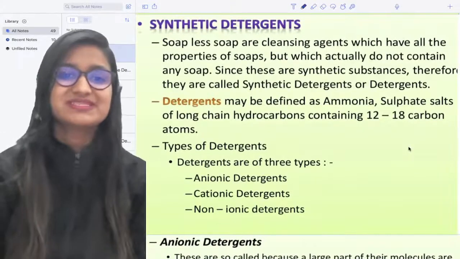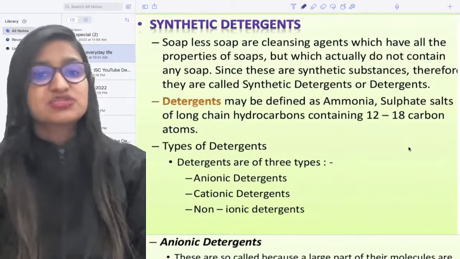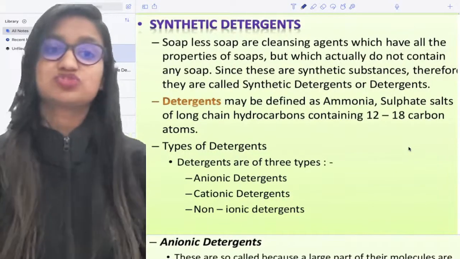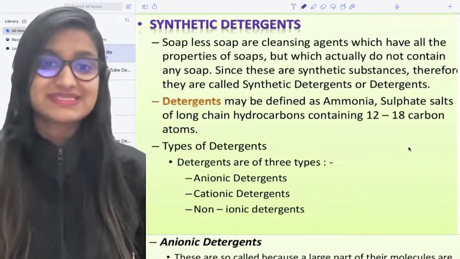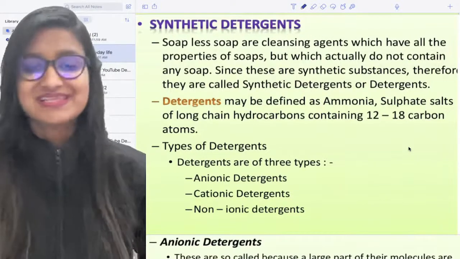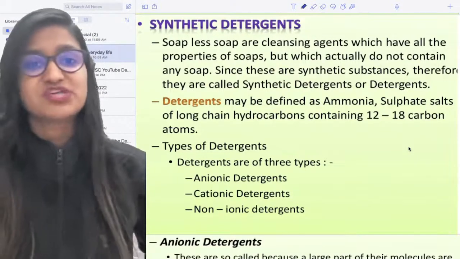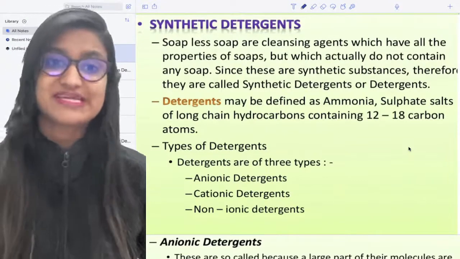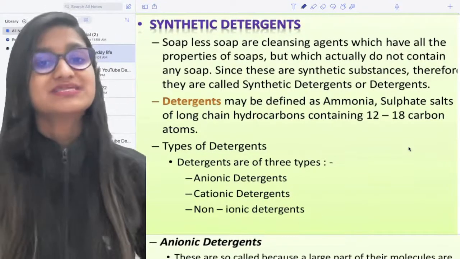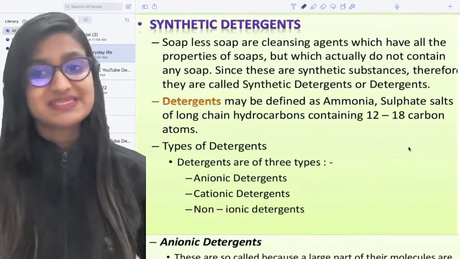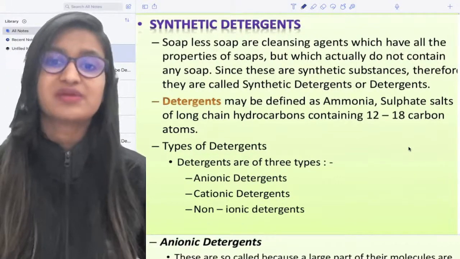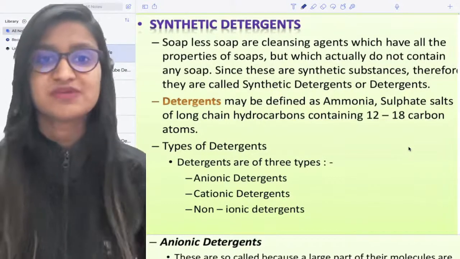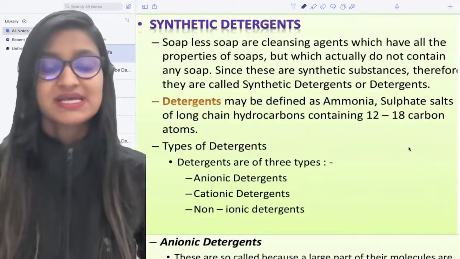Then we have synthetic detergents. As I told you, soapless soaps are cleansing agents which have all the properties of soap but do not actually contain any soap. Since they are synthetic substances, they are called synthetic detergents or simply detergents, which you use in washing.